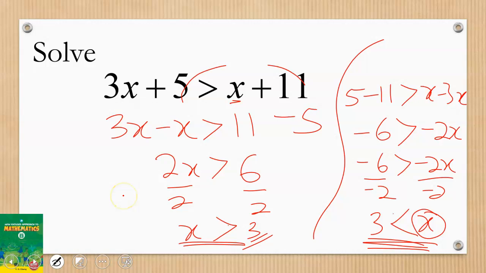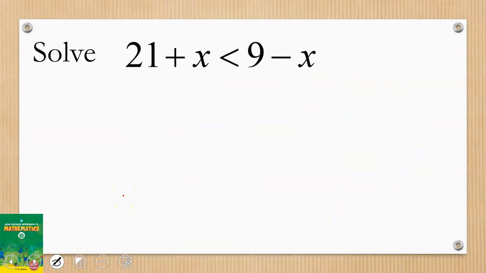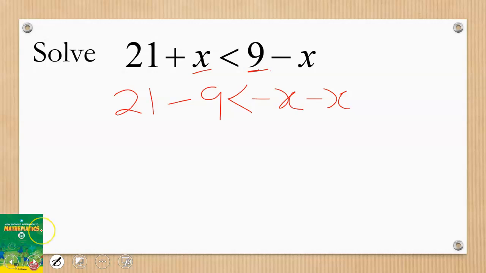Let's solve another example. Here we can have our 21 here and move this to become minus 9. Then our symbol will come. Here we have negative x, and this will become negative x as well, whilst this one is giving us 12.